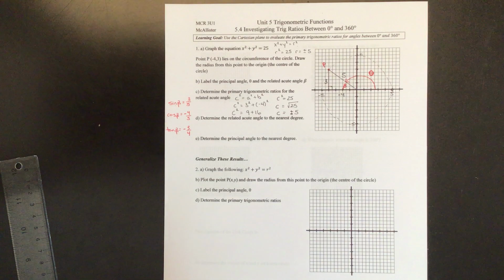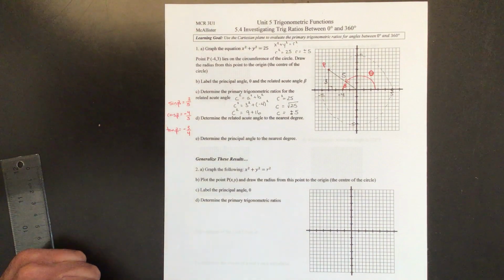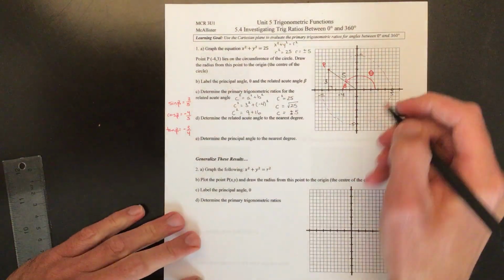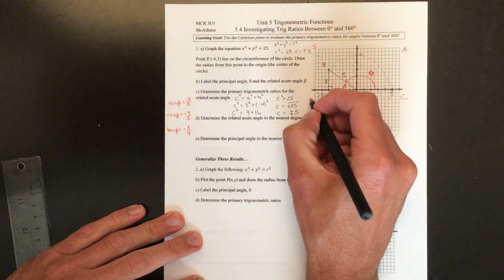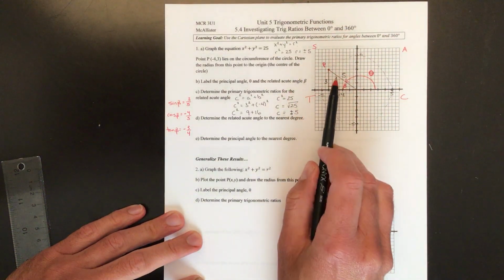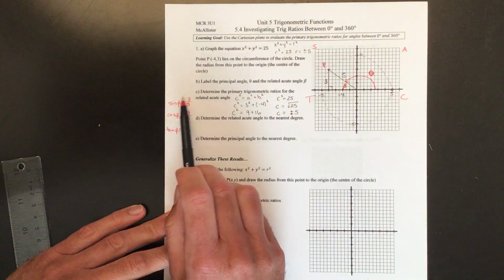The reality is you can use any of those three trig ratios to find the angle, but my suggestion is to always use the positive trig ratio. So remember from last lesson, the cast rule, and based on the cast rule, sine is positive in quadrant 2, right? 3/5.